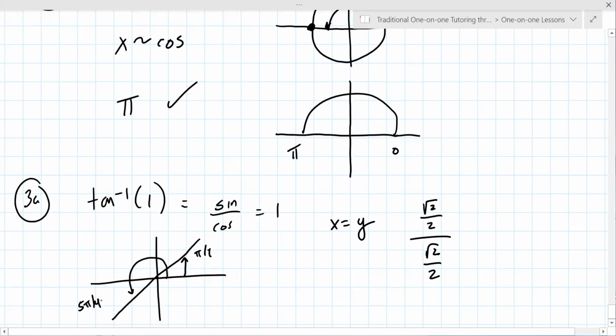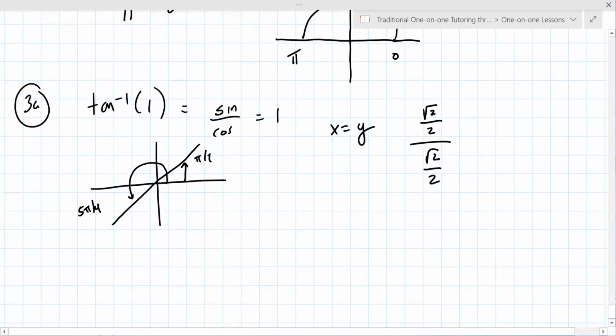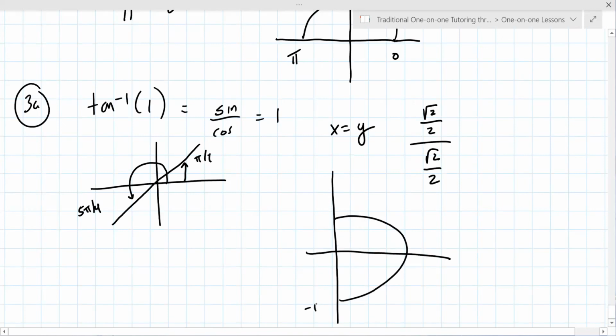Do you see those where x and y have the same values? So there's two possibilities. Well, arctangent, like arcsine, is only defined from minus pi over 2 to pi over 2. So which one is it? It must be the pi over 4, because the 5 pi over 4 is over here and it's not in this window.